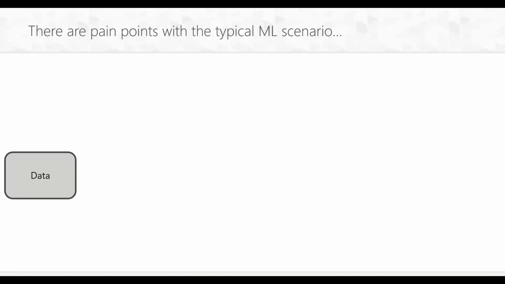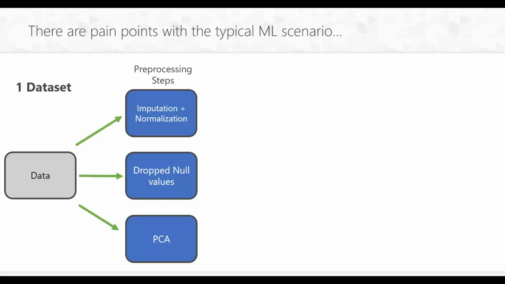But even with all these capabilities that SageMaker provides, there are still some pain points in the typical data science project. So when you start a data science project, you mainly have one primary data set that you're looking at. But to properly explore and get the most value out of this data set, you must process it a bunch of different ways.